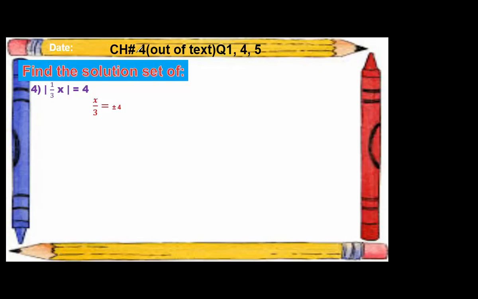We have to draw the line here in the center and then write down x over 3 is equals to minus 4 on the left hand side, x upon 3 is equals to plus 4 on the right hand side.